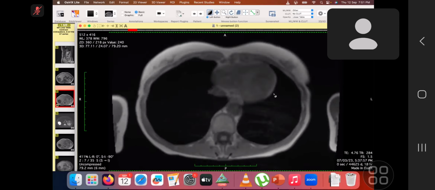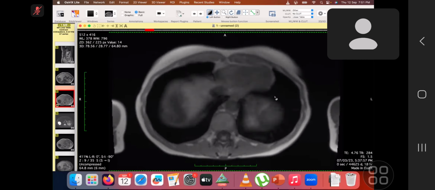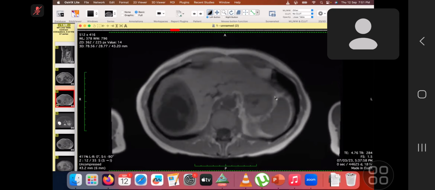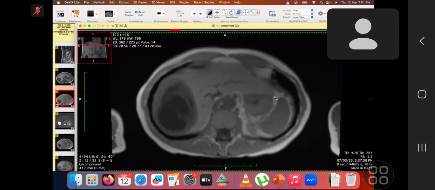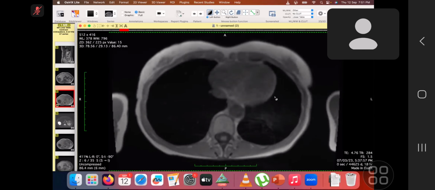At the same time I'm looking for the same lesion seen in the vertebra. I can barely appreciate the same T2 lesion in the vertebra.